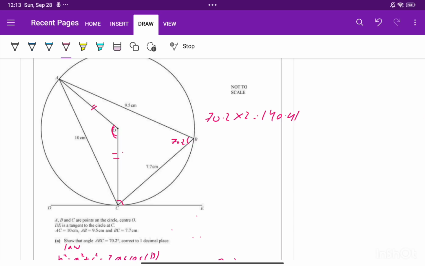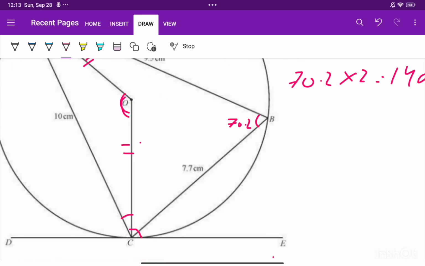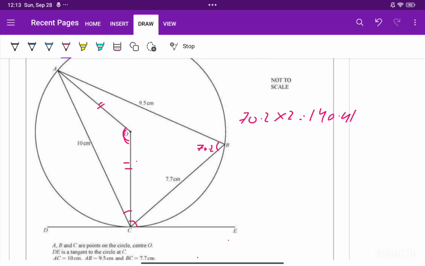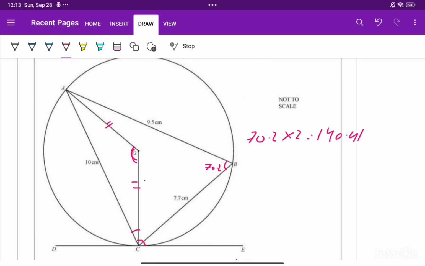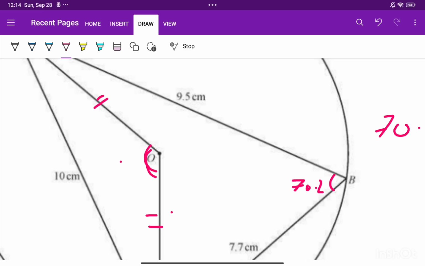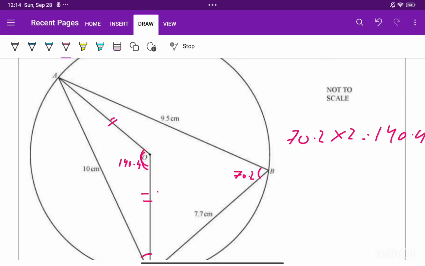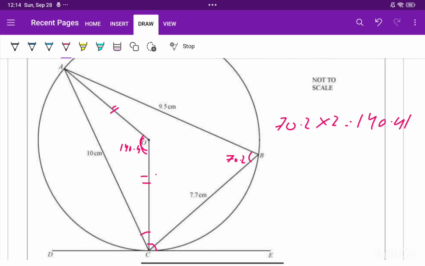Now we have to find angle ACO. We need to find this angle. This is 140.4, and as triangle AOC is an isosceles triangle, these two sides will be equal, and we know in a triangle all three angles add up to 180.